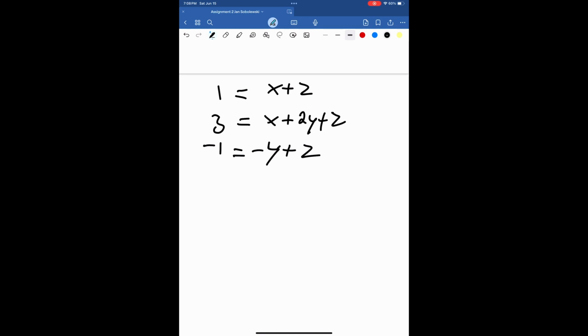And now we want to do an augmented matrix. So x, y, z. We got 1, 1, 0 equals 1.